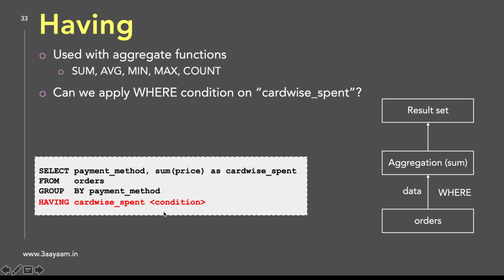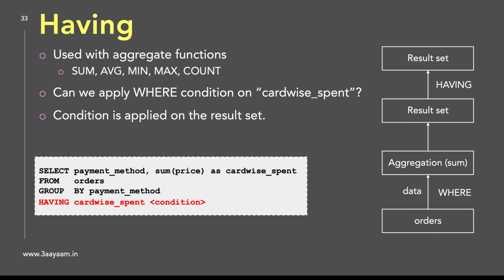After group by, if I mention having cardwise spend followed by the condition, then it would work, because the having condition is applied on the result set, the first result set rather. When the first result set comes out, the SQL statement knows about the column name cardwise underscore spent. So here the having condition would be applied, and then another result set would be given back to us. This is how the having condition works.